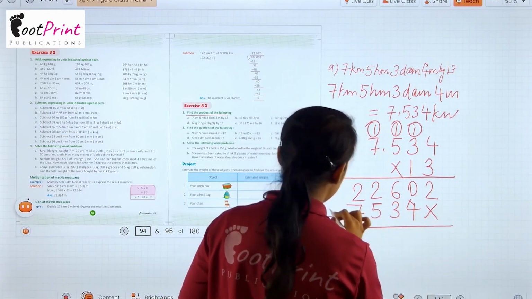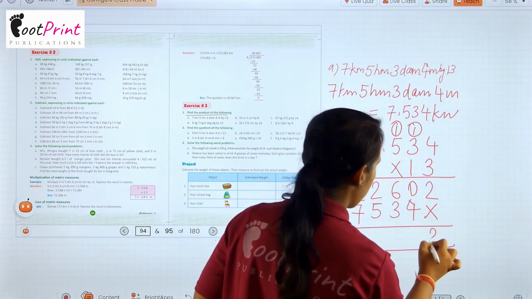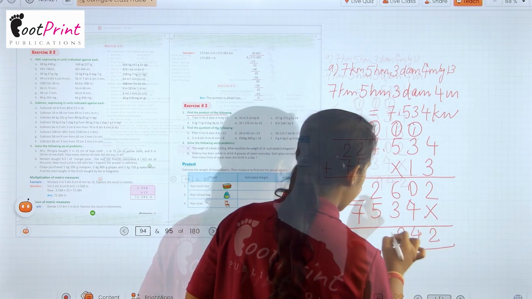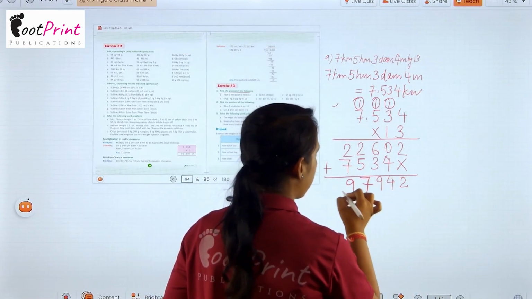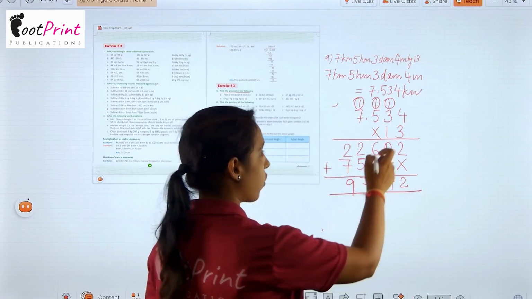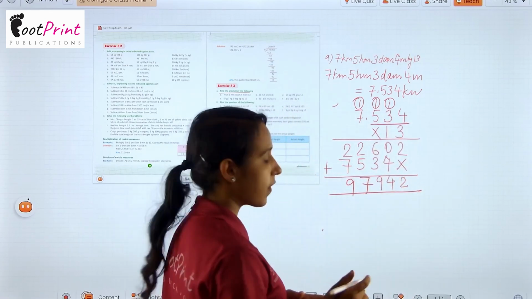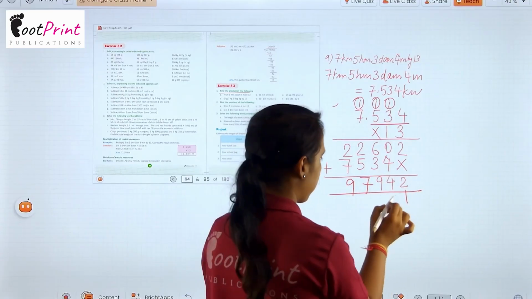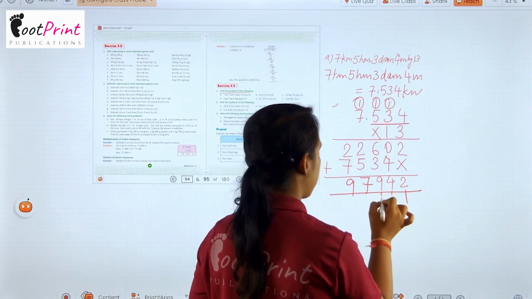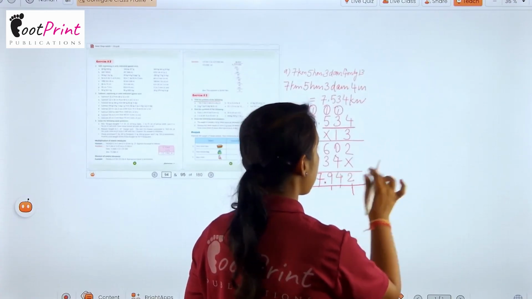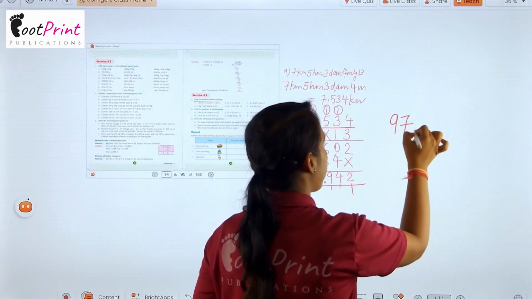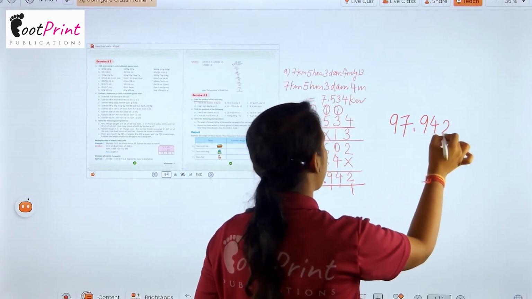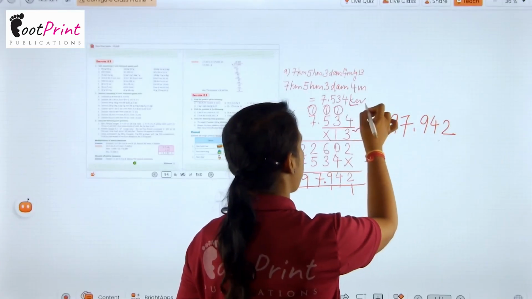Now we have to add it. What we get? 2, 4, 9. Here we have 7, 9. Okay. Now we know that here 3 decimal places are here. So in the answer we also put decimal after 3 digits. 1, 2 and 3. So what we get? We get 97.942, and what is the unit of this? Kilometer.